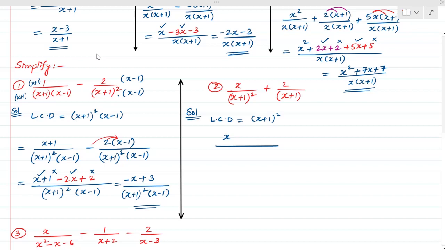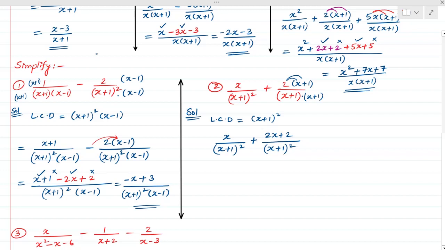This is over x plus 1 whole square as it is. No need to multiply. Plus here I need power 2. So in order to get the power 2, I have to multiply x plus 1 in the numerator and denominator. So you will get 2x plus 2 in the numerator over the denominator x plus 1 whole square.